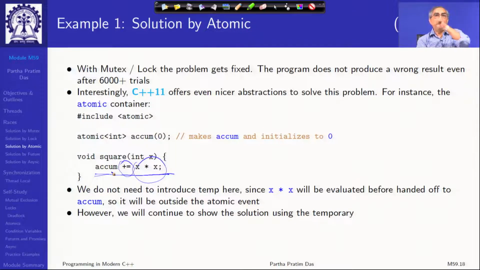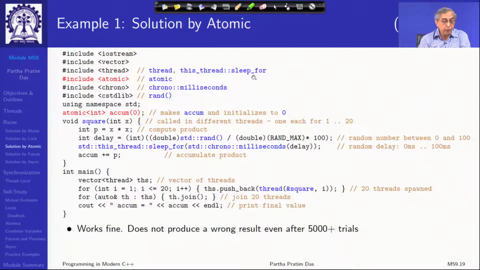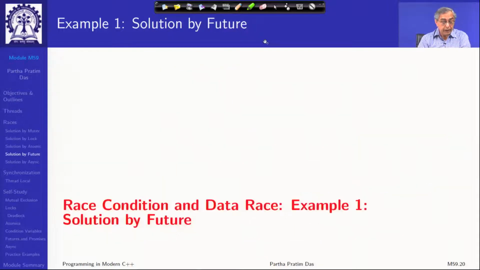During this time, no other thread will be able to do that. So, this atomicity is what is important and which comes very handy in terms of simple synchronization problems. So, with this, there is almost no change in your earlier unsafe program. All that you need is replace the global declaration with the declaration of atomic int for accum with initialization 0.